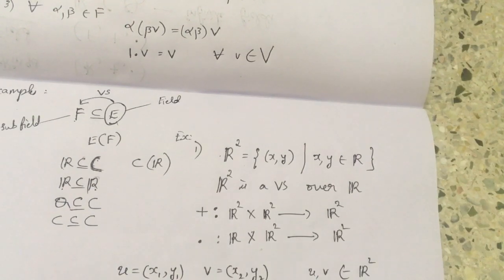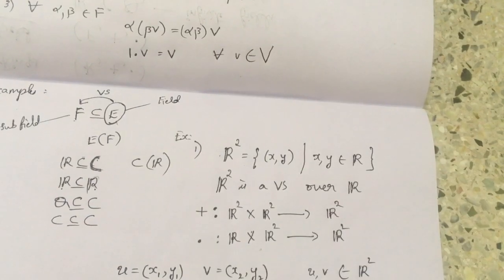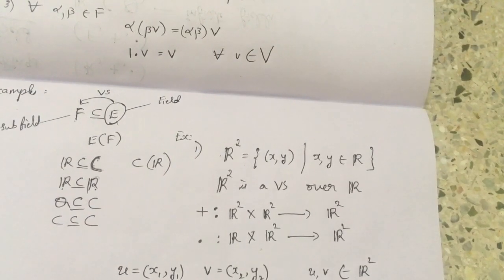How do I add? I have to add the first terms, so (x1 plus x2, y1 plus y2). Again it is a two-tuple and it also belongs to R2. So the first axiom is true.